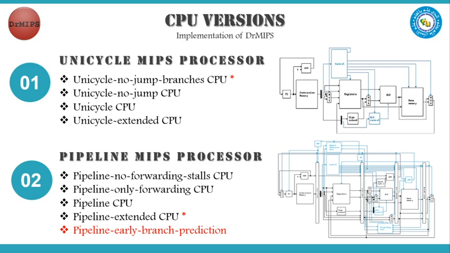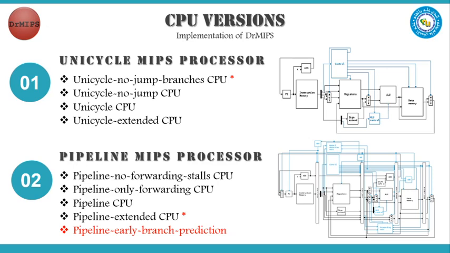Again, the pipeline CPU and pipeline extended CPU differ only in the number of instructions supported by these two MIPS CPU versions. The last one, in red color, is the pipeline early branch prediction CPU that is proposed by me in this entire video. You can see the whole working of the system.